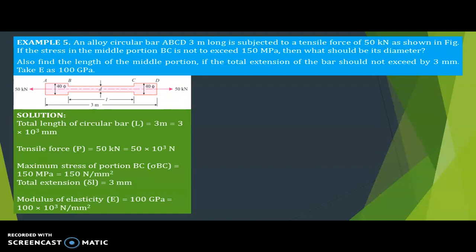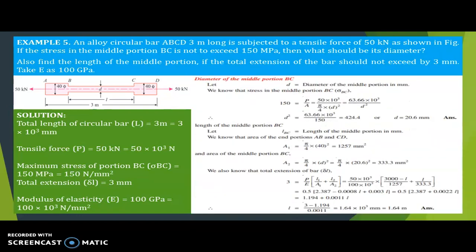Okay, first we will calculate the diameter, since the stress is given. How can you calculate the diameter? We know this is the diameter of the middle portion, let it be D, and we have the formula, stress is equal to load divided by area, correct? The load is given, that is 50 into 10 raised to 3.